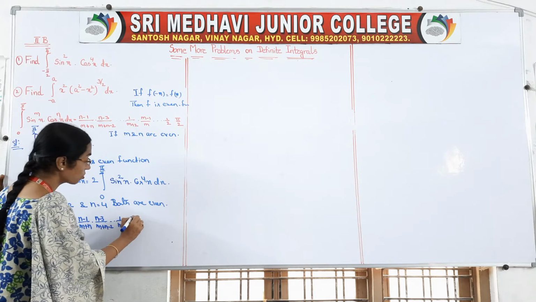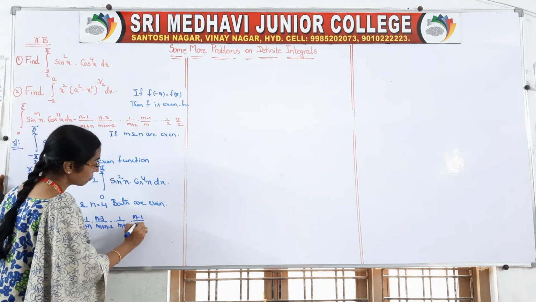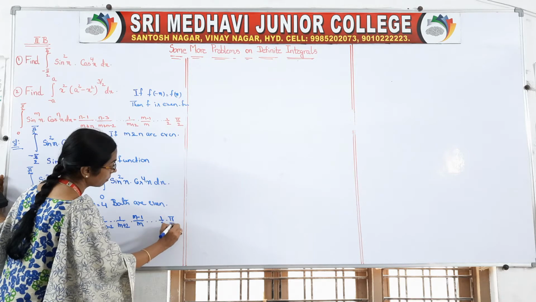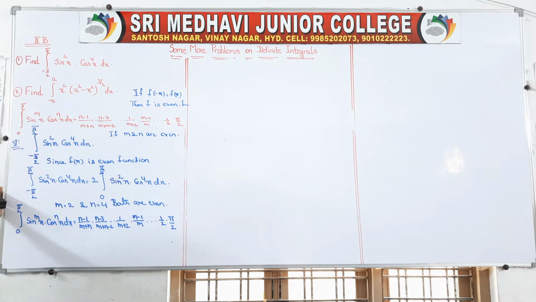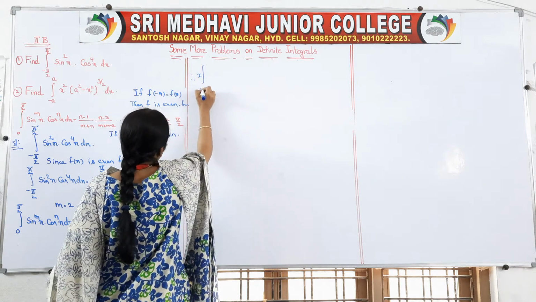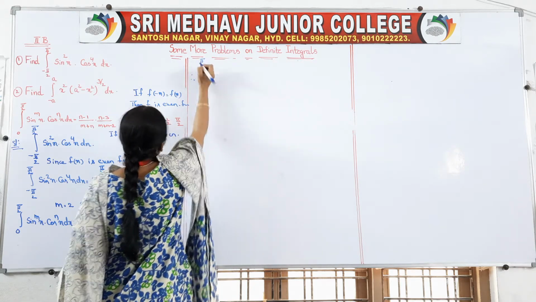After that, we start with (m minus 1) by m till 1 by 2, into pi by 2. Therefore, we take 2 times the integral from 0 to pi by 2.